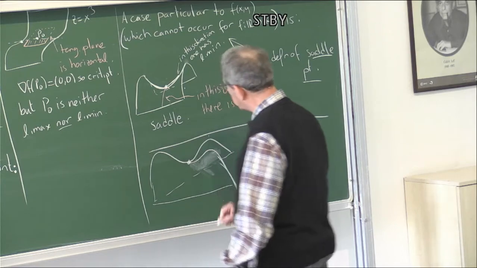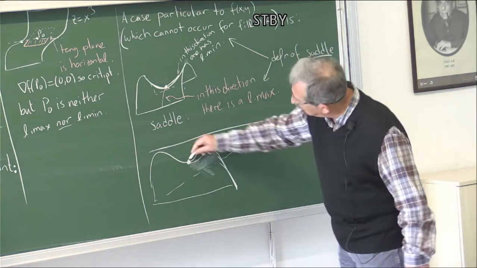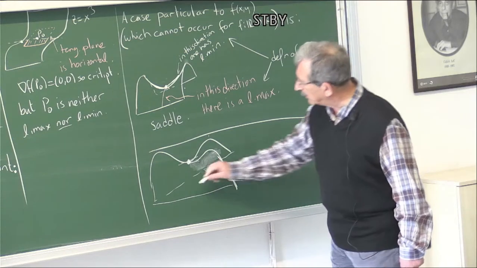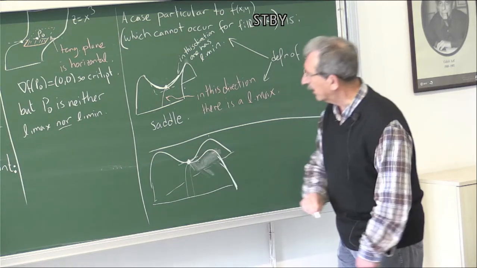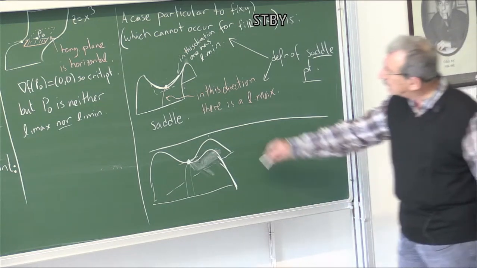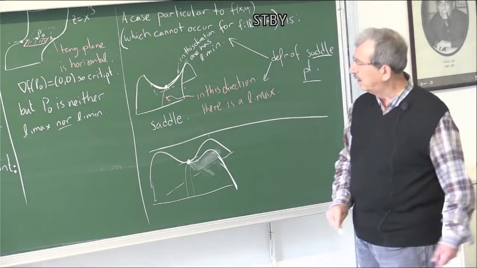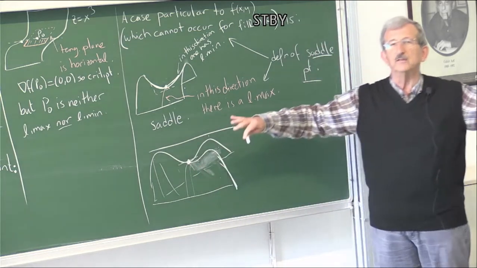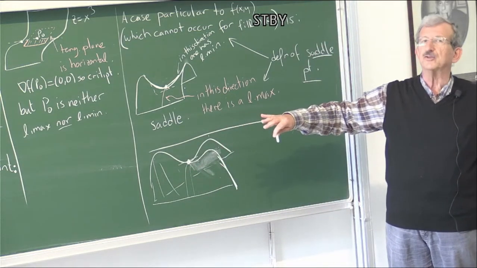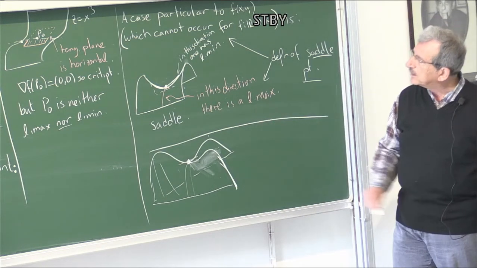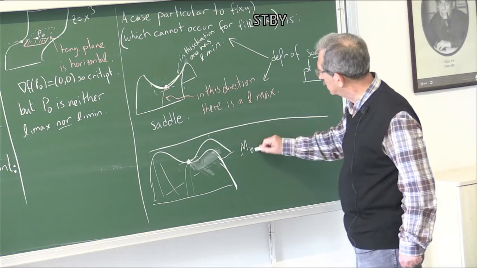It looks like this. So this is a minimum in both directions, but it's a maximum in the other directions. It's a saddle. But because of this split, one hill splits into two hills. You can imagine that in geography, for instance. These are called monkey saddles.